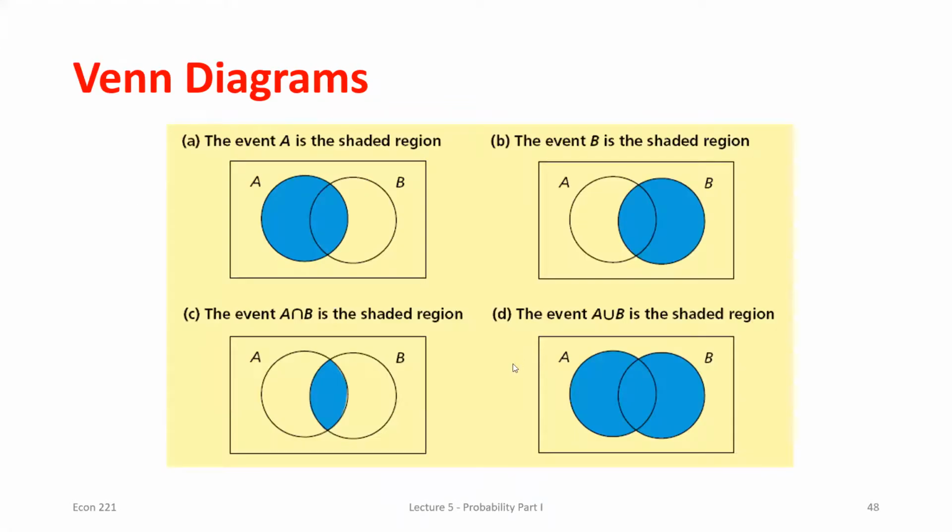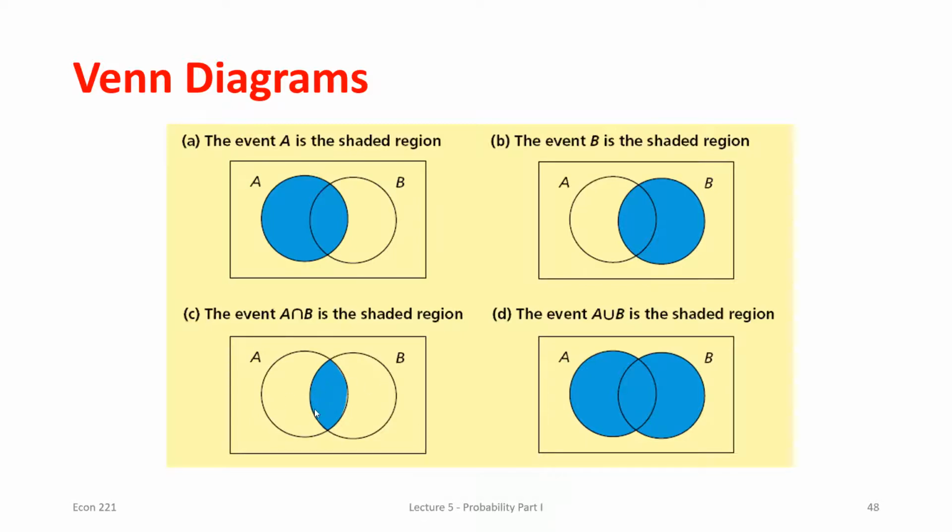So we can have some other visuals, right? Let's say I represent every possible experimental outcome as this box, right? Within those outcomes, I could define event A as this circle, and I could create event B as all the outcomes in this circle. So if I'm thinking about the intersection, or what is in both A and B, it's going to be where those two circles overlap, right?